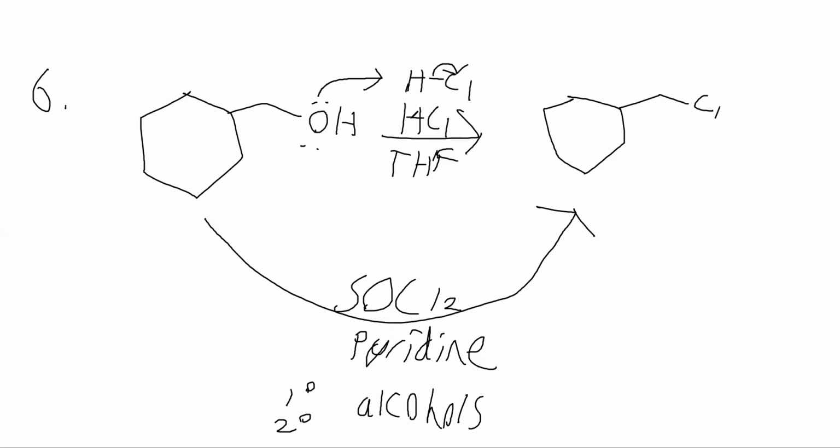And then HCl or HBr to substitute a halide for the alcohol is good for tertiary alcohols because it passes through that cation intermediate. So hopefully at least the pattern for what HCl is good for makes sense because I've shown you the mechanism.